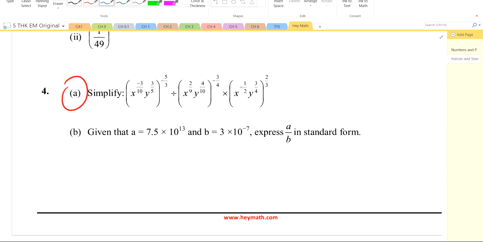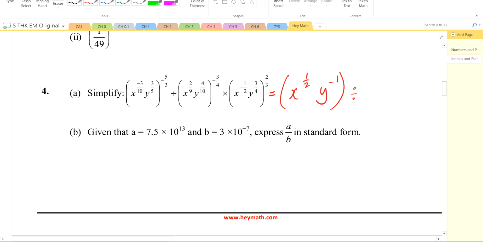Simplify this. Looks very tedious. X to the power of 1 over 2, y to the power of -1. Are you able to do this?